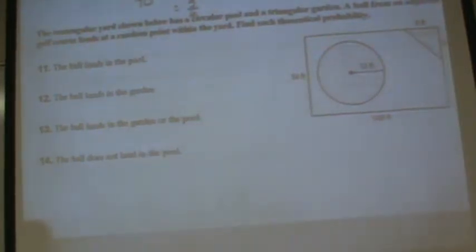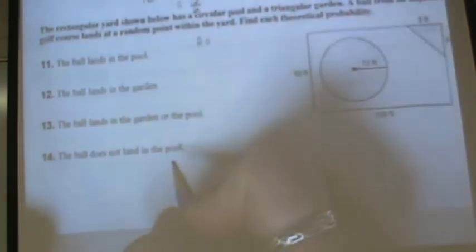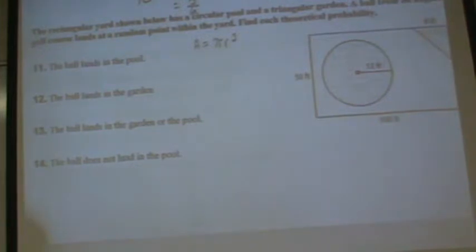So first we need to remember our area formulas. So the area formula for a circle is pi r squared. And the area formula for a triangle is 1/2 base times height.